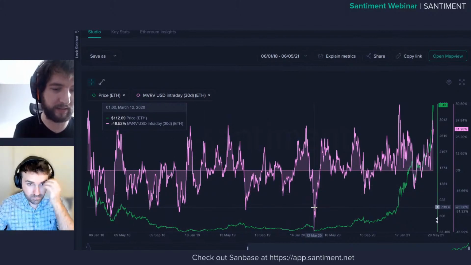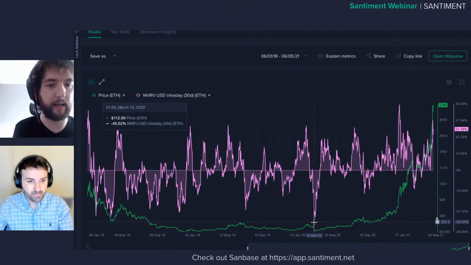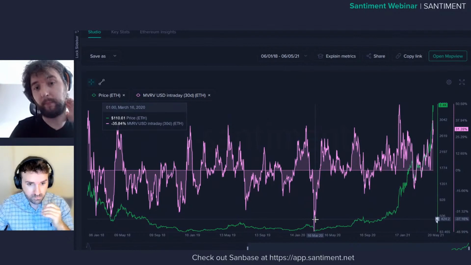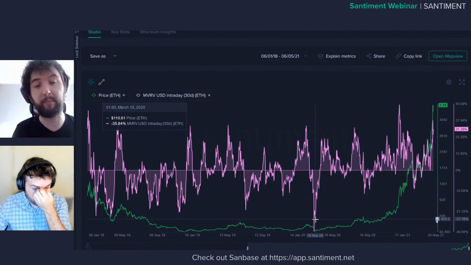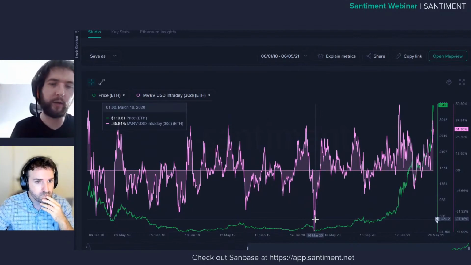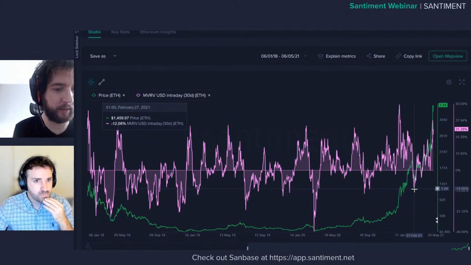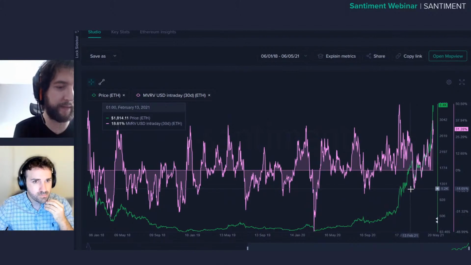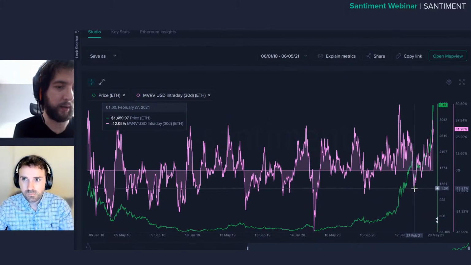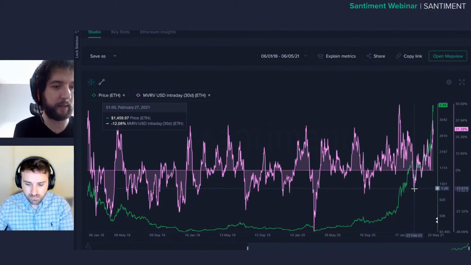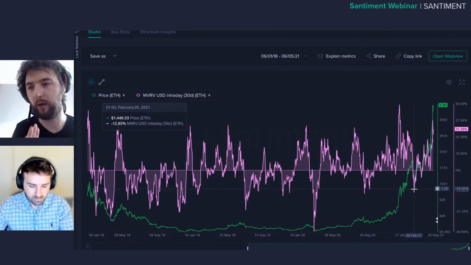Once again, we had this massive outlier during the coronavirus dump, which suggested that not just Bitcoin, but Ethereum and pretty much the entire market were massively undervalued according to the MVRV. And then here in early March or late February, when we hovered at these levels, it suggested to us that an Ethereum bounce back was a possibility because its short-term MVRV at least has been very, very low.